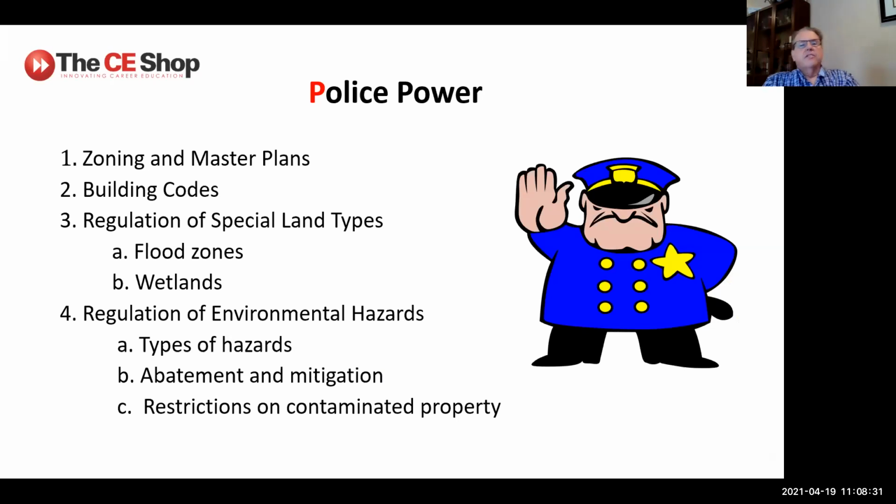Police power consists of zoning and master plans, building codes, the regulation of special land types like flood zones and wetlands, the regulation of environmental hazards, like the types of hazards, the abatement of hazards, restrictions on contaminated properties. Each of these topics is a degree in a college.